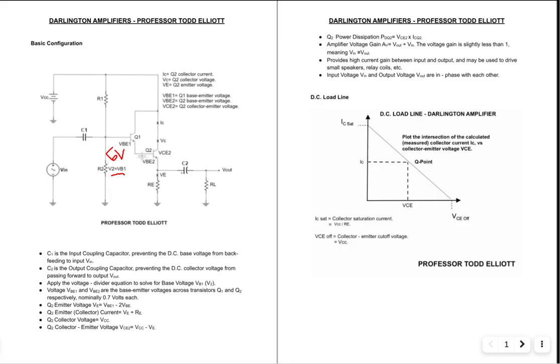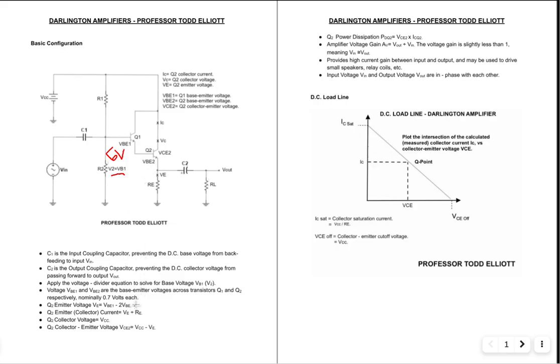What's 0.7 volts less? So this point here would be 5.3, and then we will lose another 0.7 down here for this base to emitter junction.